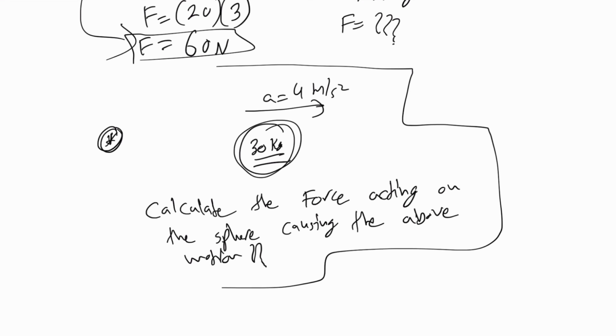Now try to solve this practice problem and apply the exact same steps that we have followed earlier and write down your answers. And this wraps up Newton's second law of motion.